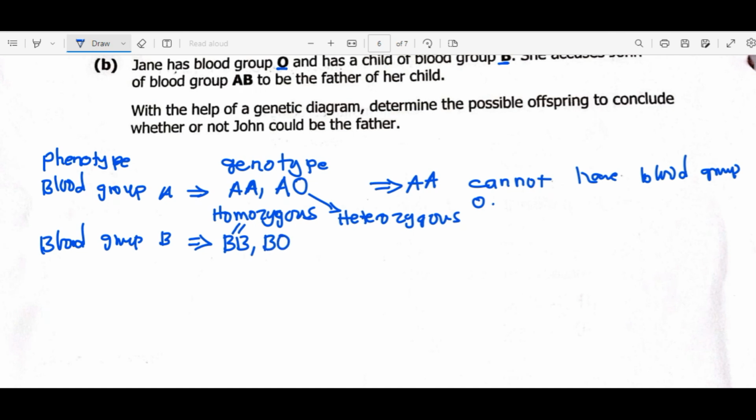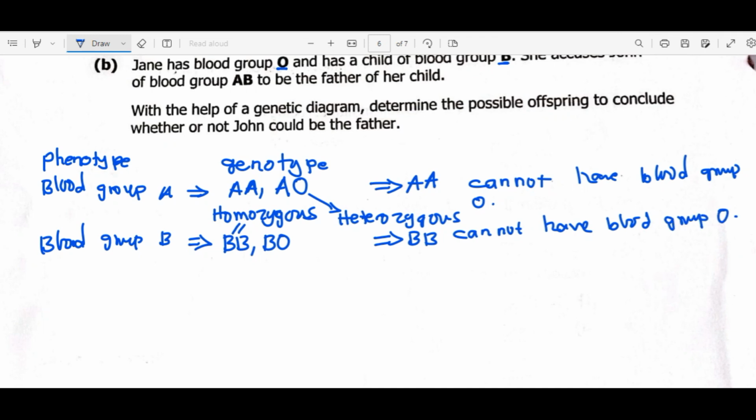BO is the same as AO in terms of heterozygous, and O is still recessive to B, so B is dominant over it. The similar note is that BB cannot have blood group O.